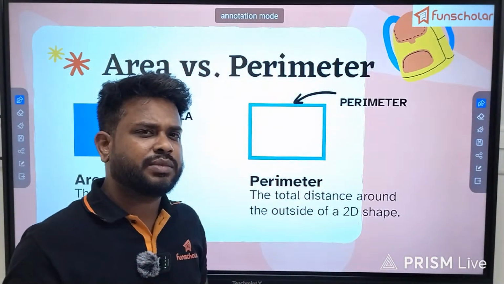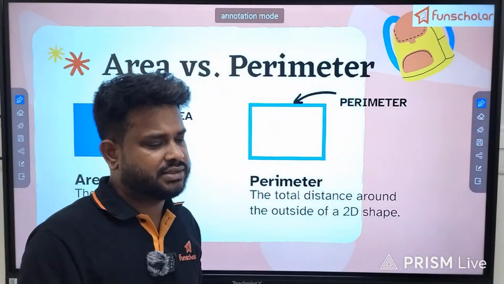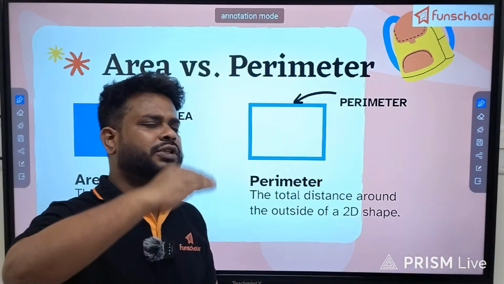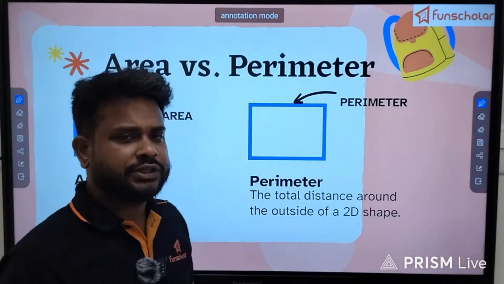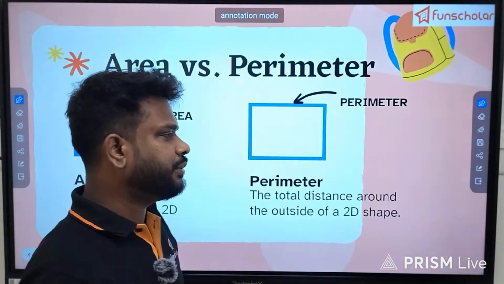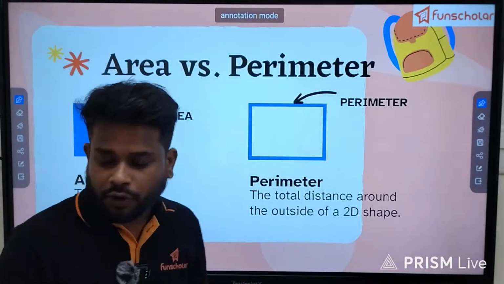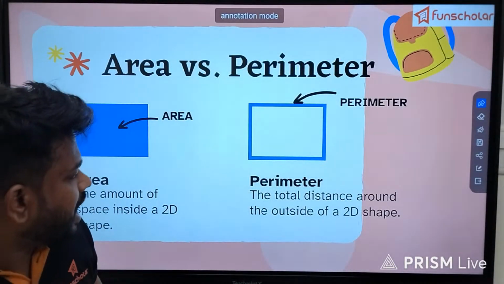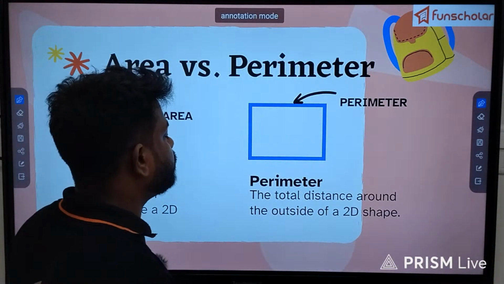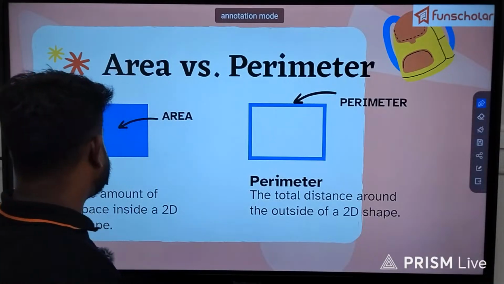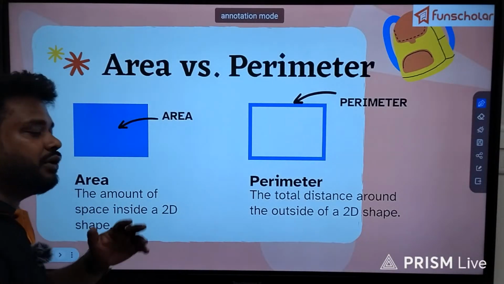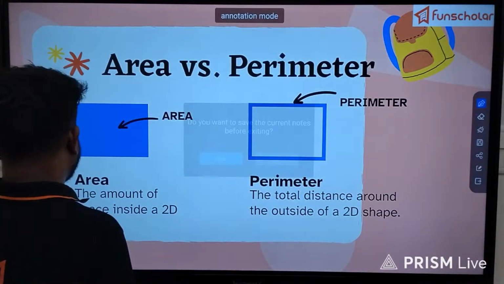We won't discuss 3D much in this topic because it is for higher classes. So just understand that this one is a 2D shape and this one is a 3D shape, and for 2D shapes, perimeter is the total distance around the outside and area is the amount of space inside. Okay, let's go further.